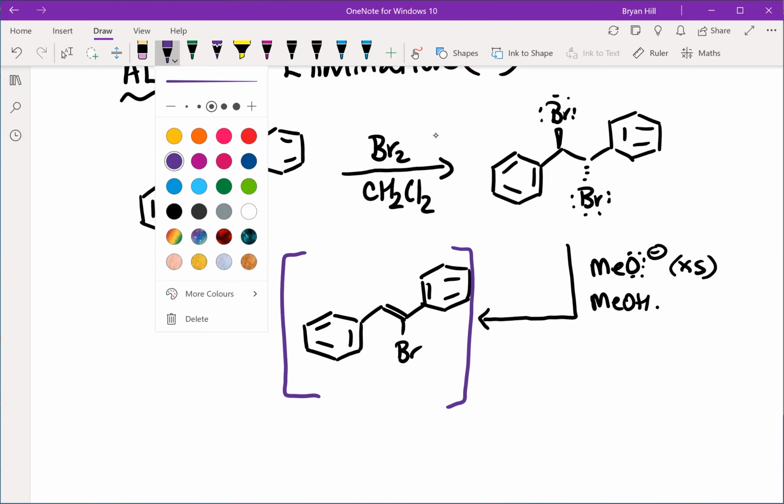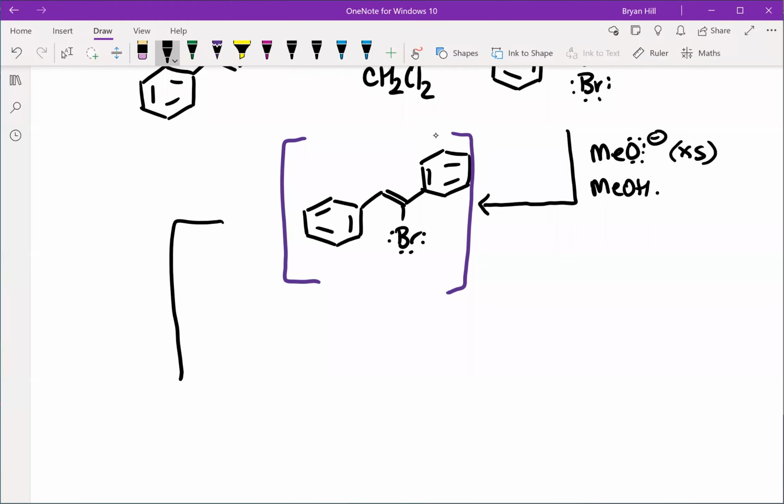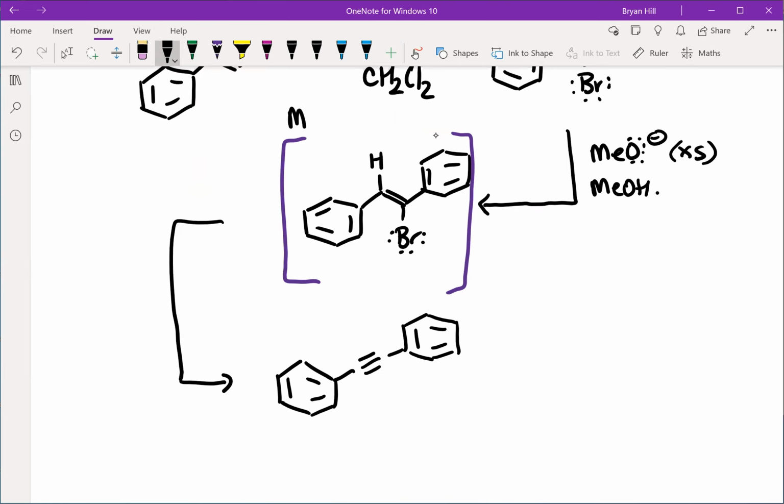And then the second equivalent would eliminate this to form our triple bond. So we would have our H here. The elimination works very similarly. So it goes like this.